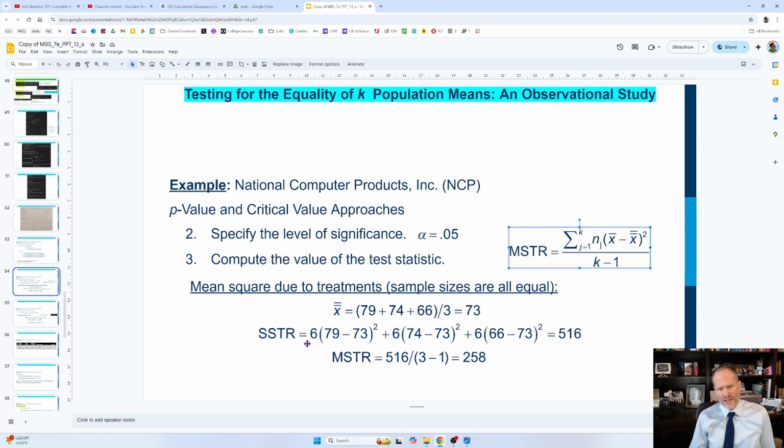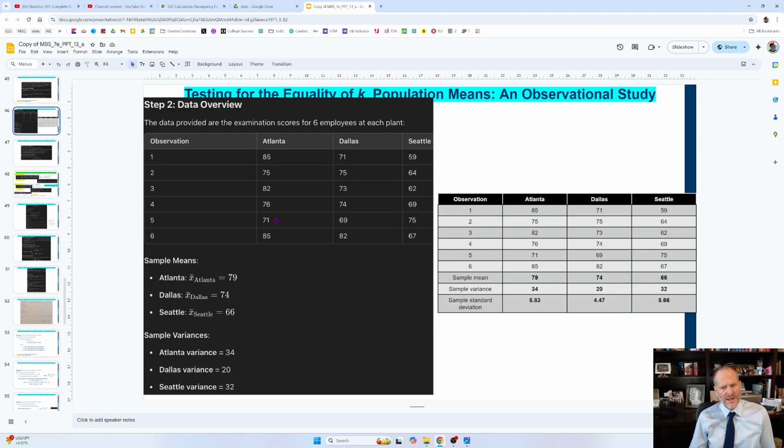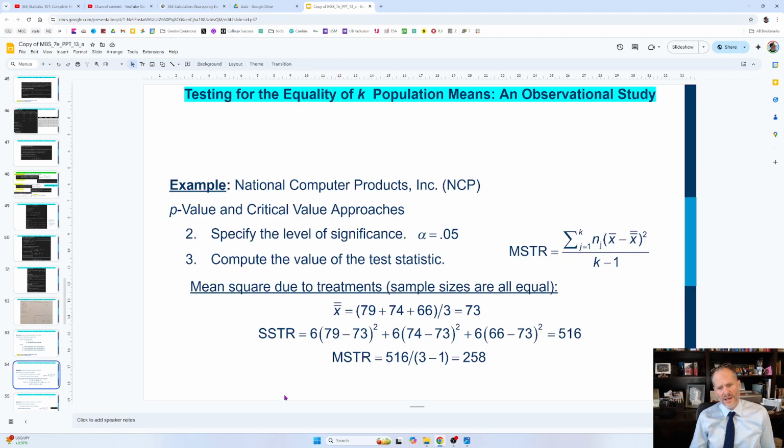In each sample we have 6 elements, and you can see that here: 1, 2, 3, 4, 5, 6 in Atlanta, 6 in Dallas, and 6 in Seattle. But theoretically, we could have had 6 in Atlanta, 8 in Dallas, and 9 in Seattle, and so those numbers would be different here.